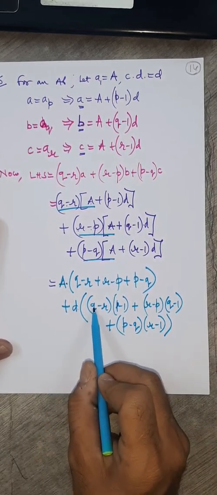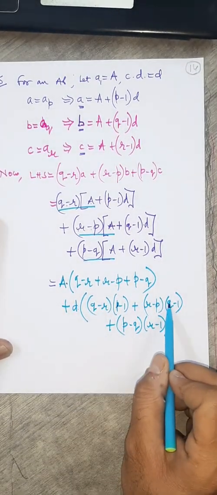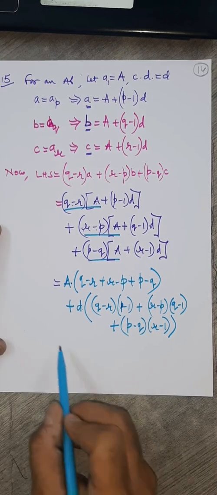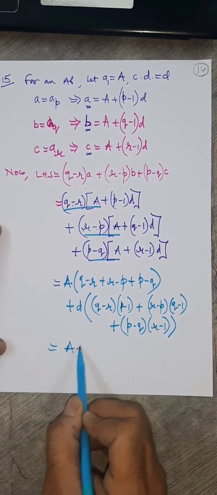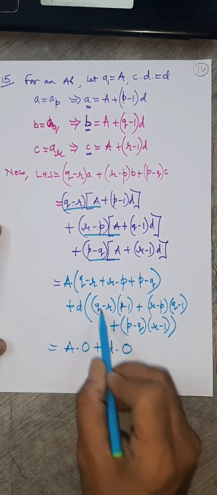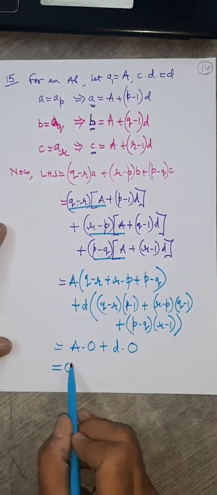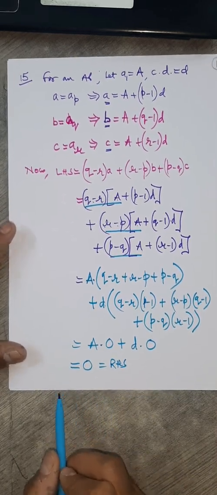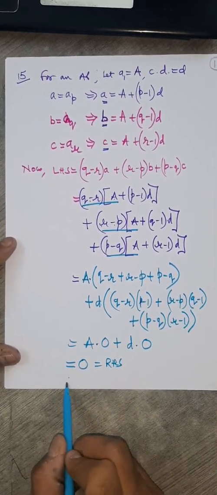If I open the bracket, you see here pq, here minus pq. So here also all terms will get cancelled internally. So you'll get A into 0 plus d into 0. So this is equals to 0, which is RHS. And therefore proved.